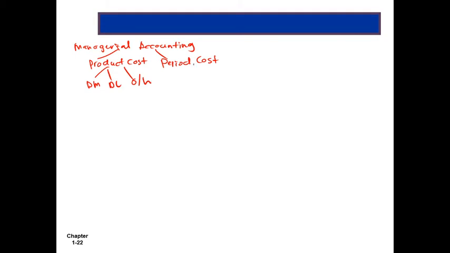But in period cost, we have general and admin expenses, and selling and distribution. Okay, normally these are expenses which we put in the income statement.